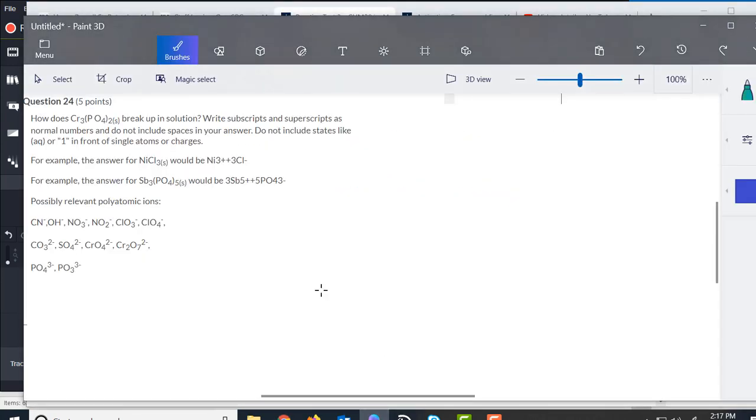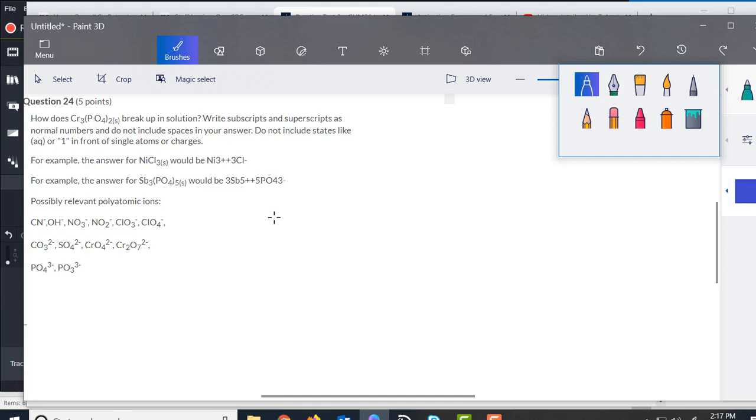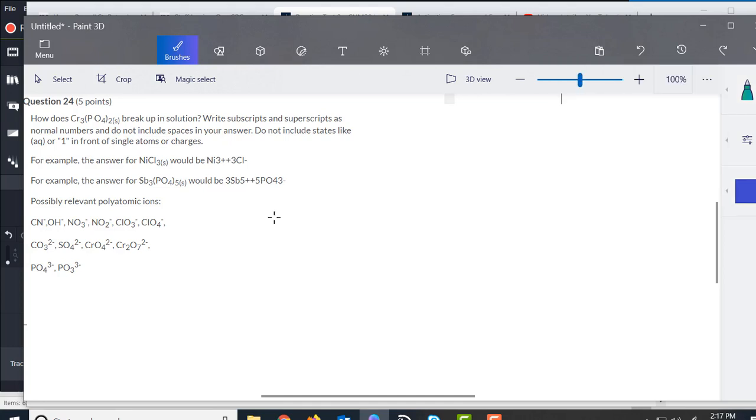Okay, so going back to the example that we have here, we've got Cr3(PO4)2. And what you should probably do with this, and this is how I would definitely handle it, is I would draw out a picture. So Cr3(PO4)2 would look like 3 Crs and then 2 PO4s like that.